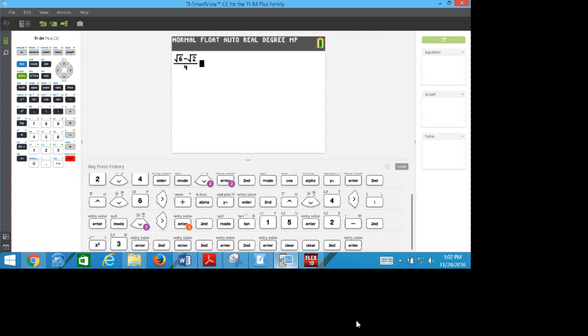If you type in your answer, square root of 6 minus square root of 2 all over 4, and you hit enter, you will get a decimal approximation of it. Okay? To check your answer, let's also type in cosine of pi over 6 plus pi over 4. Make sure you are in radian mode.